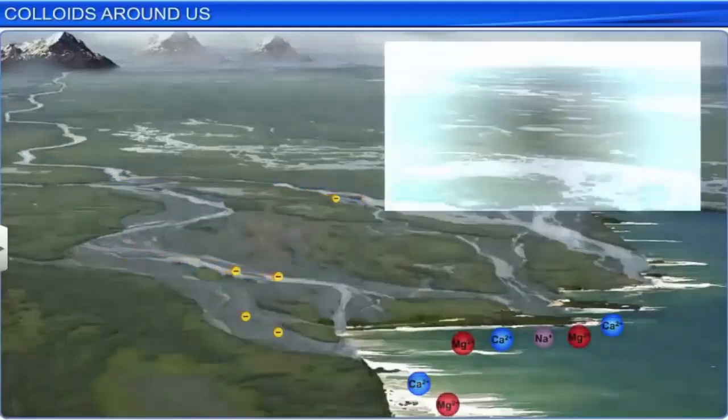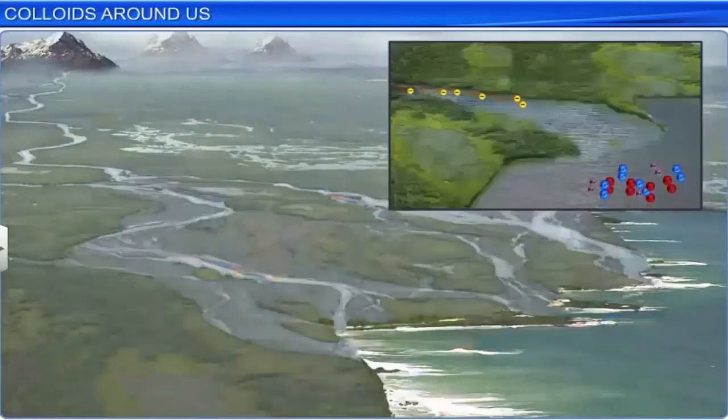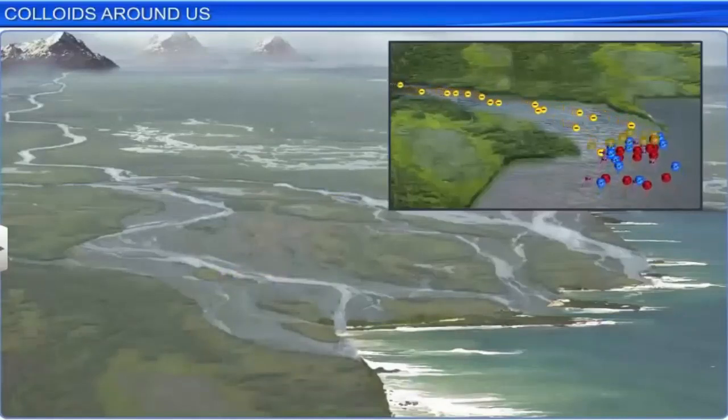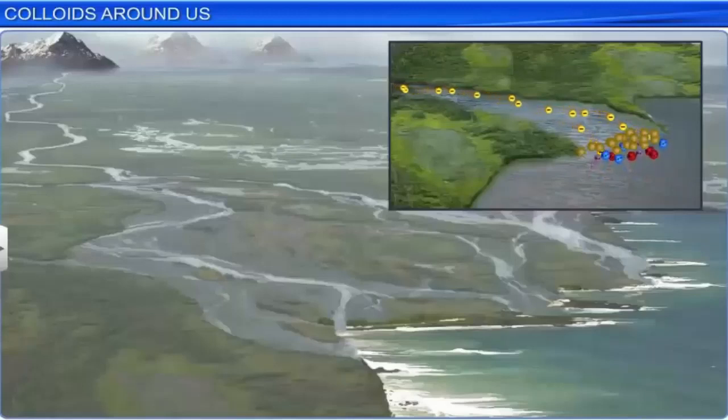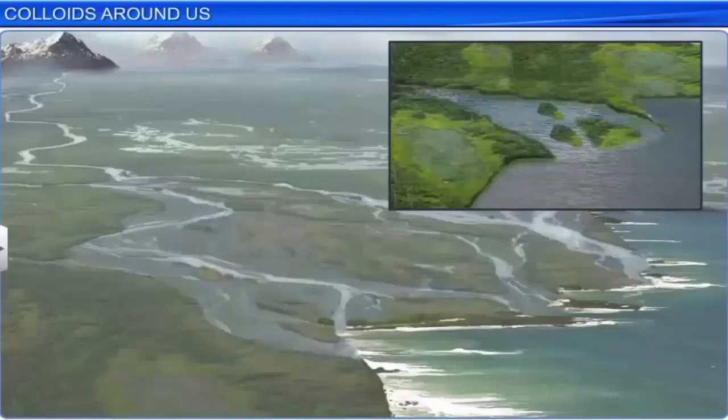When river water comes in contact with sea water, the positively charged ions of the electrolytes coagulate the negatively charged colloidal particles, which settle down. The level of the riverbed rises, forcing the stream of water to split. This happens again and again, and over time the river takes the shape of a delta.